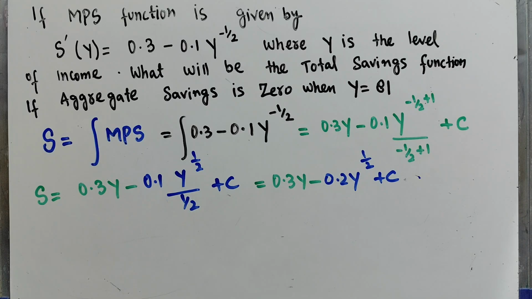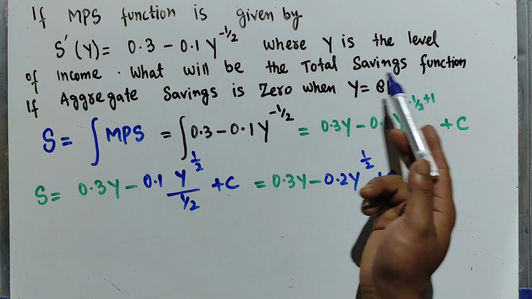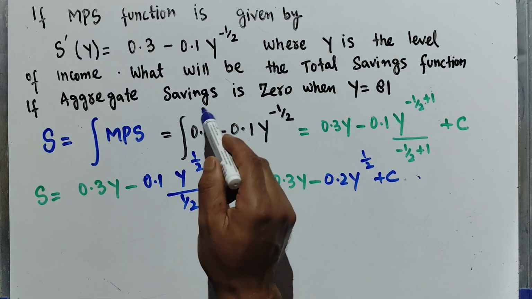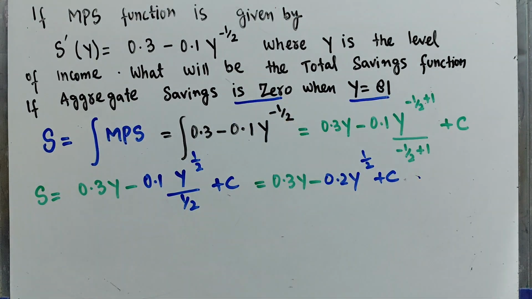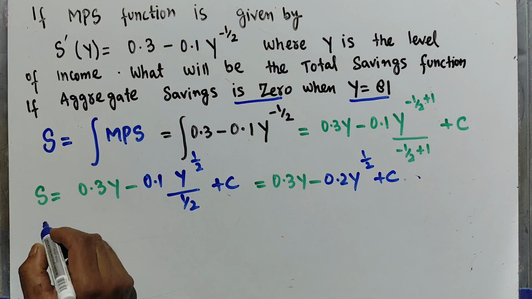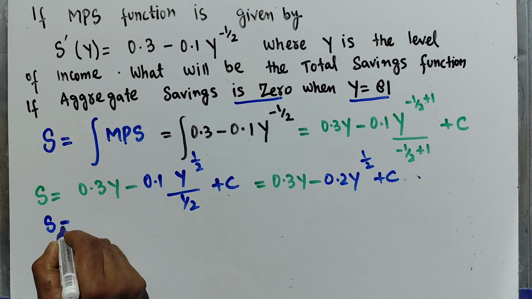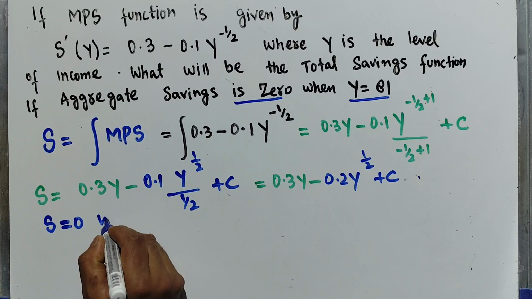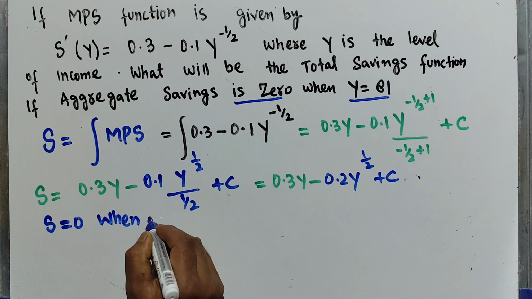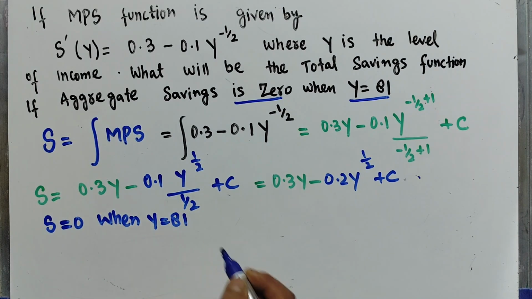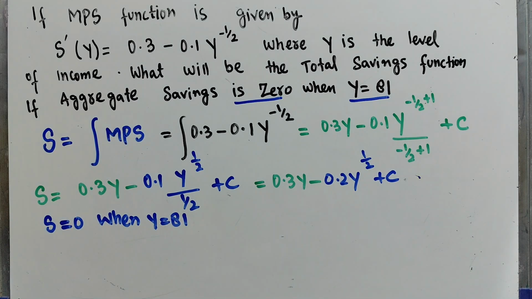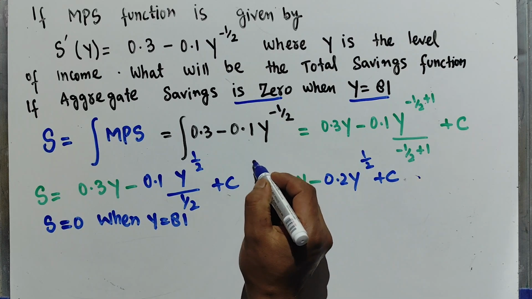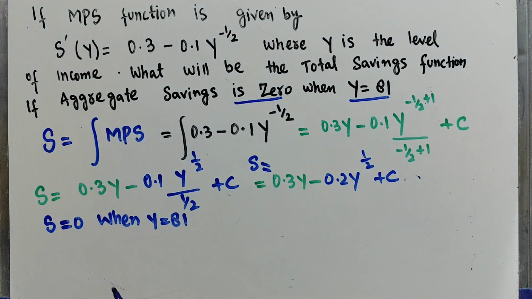We are told that when income is equal to 81, our aggregate savings is equal to 0, which implies S is equal to 0 when income is equal to 81. So we plug in the values. S is equal to this very function, and when income is 81, savings is 0.